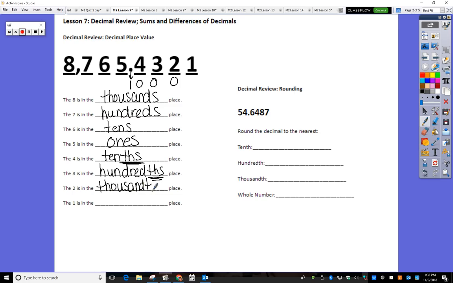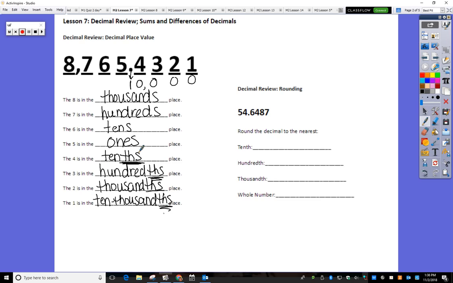And then one more 0 for the 1, which creates the number 10,000, so this is the 10,000ths place. So before the decimal, no THS on the end. After the decimal, THS on the end.